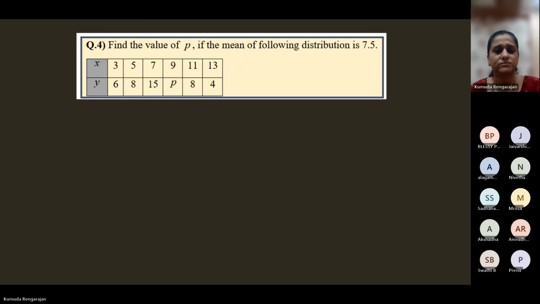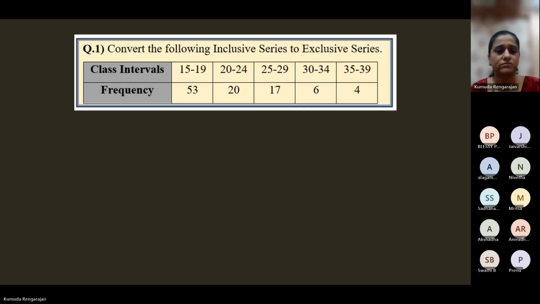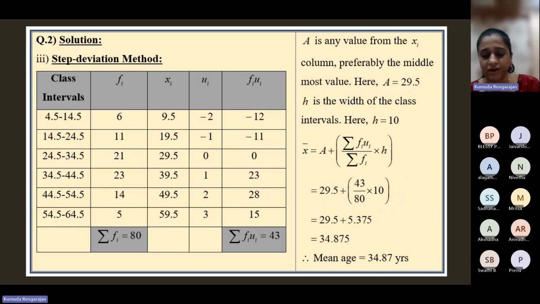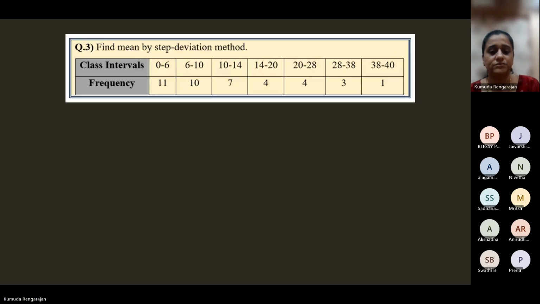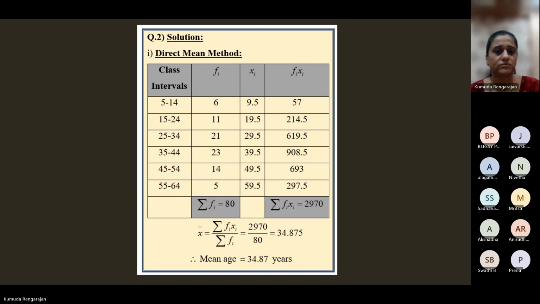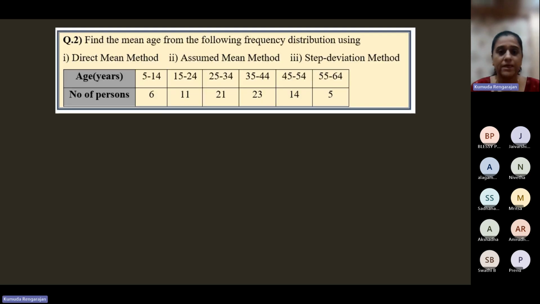Second. Now let's see how to find the mean. Yeah, I had presented this question. I'm back there. So we have a frequency distribution where the class intervals are not continuous.